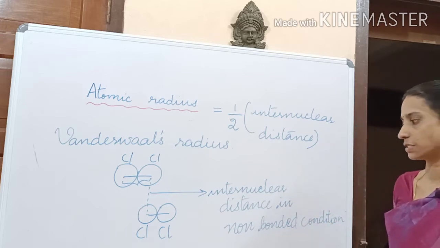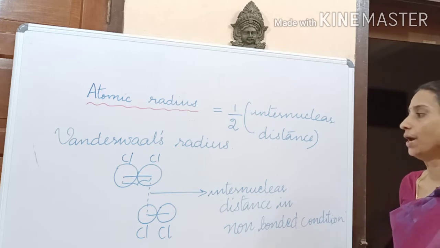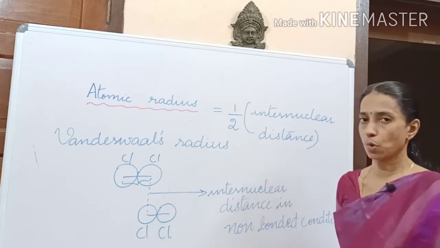Half the internuclear distance between the non-bonded atoms in the neighborhood is what is called the van der Waals radius.